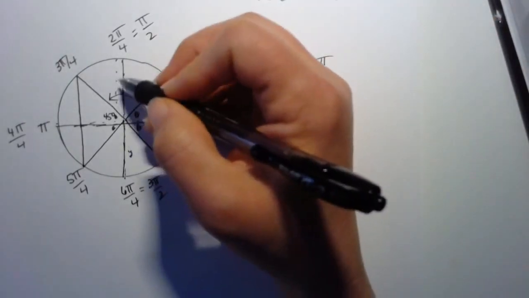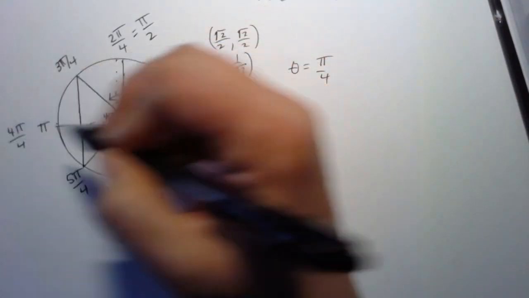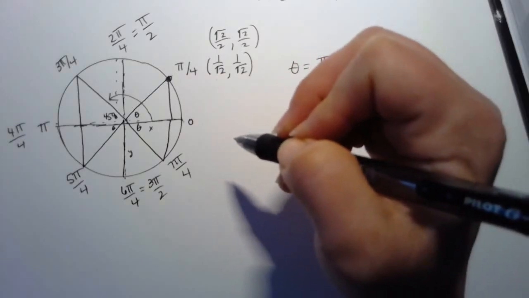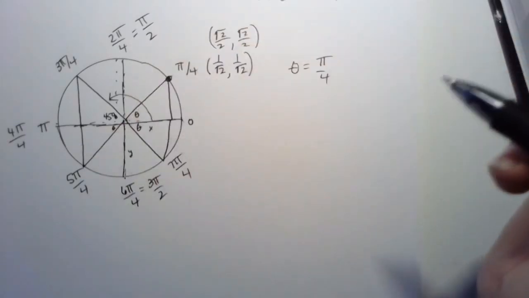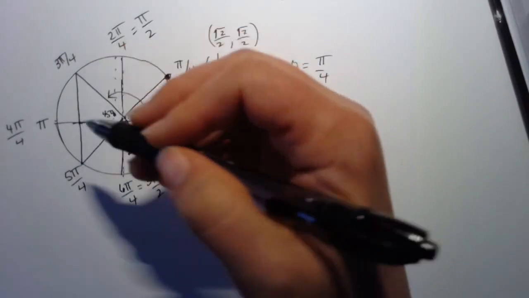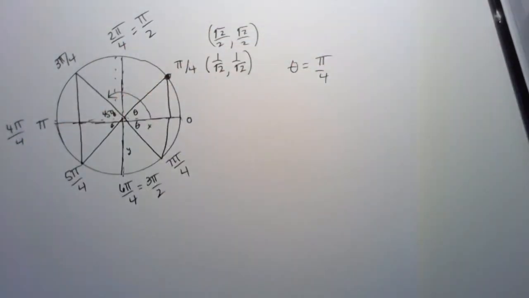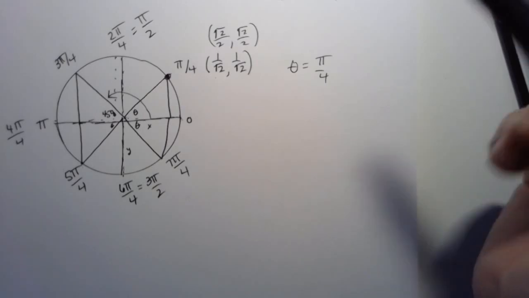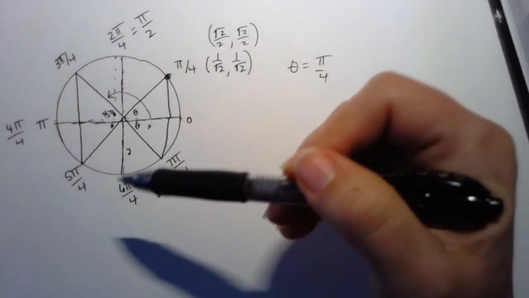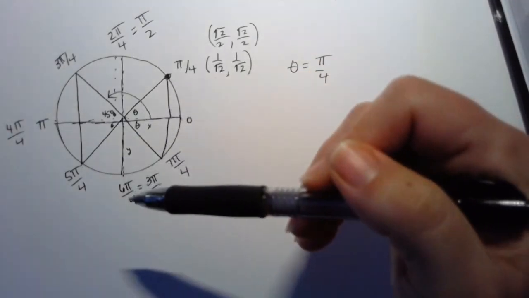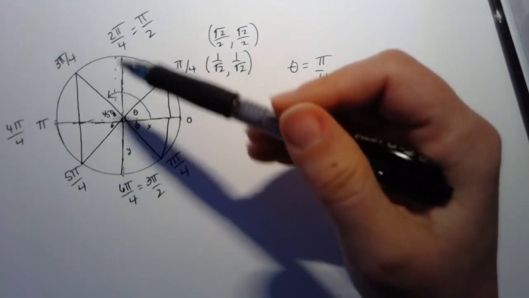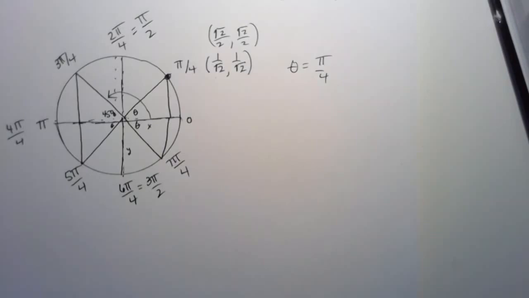Now these ones that are on the axis don't really have a reference angle because they don't make an acute angle. Between 0 and less than 90 is acute, and 90 is kind of its own special thing, right? So these don't really have a reference angle. We just have to go from the point on the circle.